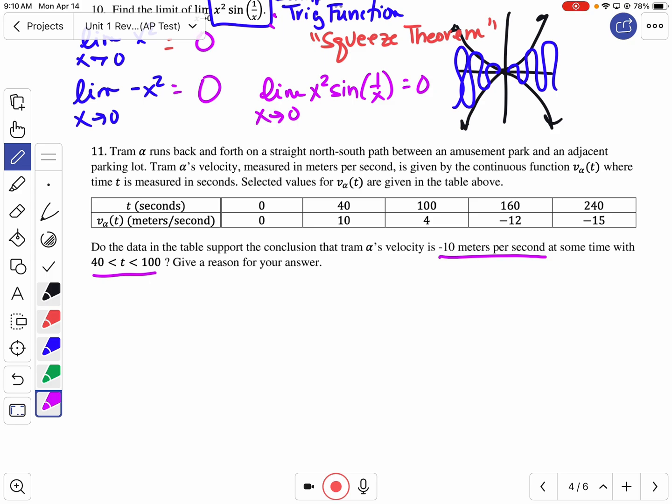Because what interval is it asking me on? 40 to 100. That's the biggest thing they'll do, because you know IVT and you're excited that you know IVT and you're looking at that table and you're like, I got it! And they restrict the domain on you. So that's what they'll do to you. You really have to read the stem.